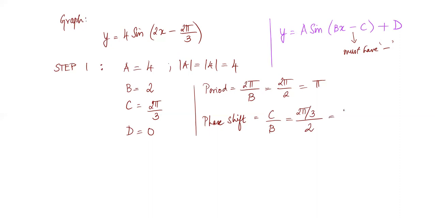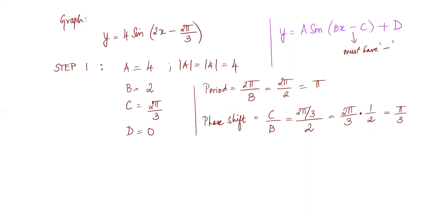So if you spread this out, this is 2 pi over 3 times 1 over 2, because you still have a 2 in the denominator. So you flip the 2, so that becomes 1 over 2. Simplify this, this becomes pi over 3.